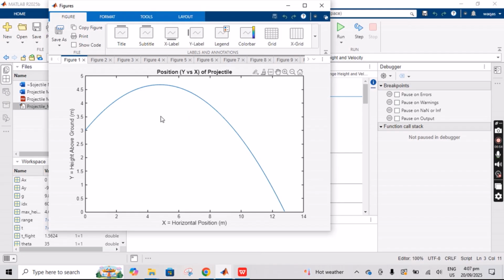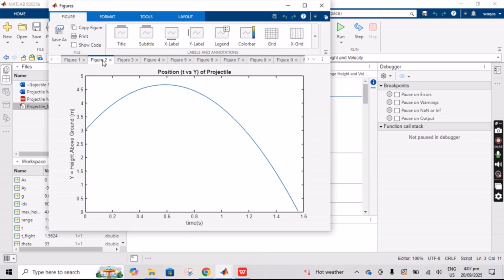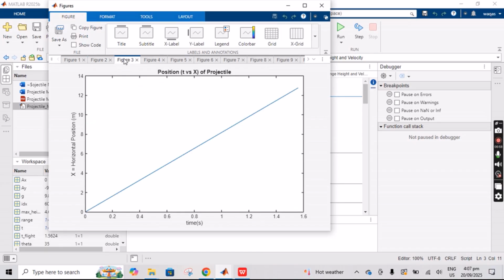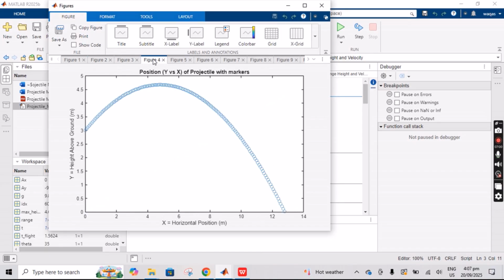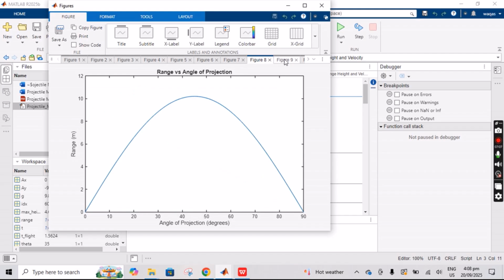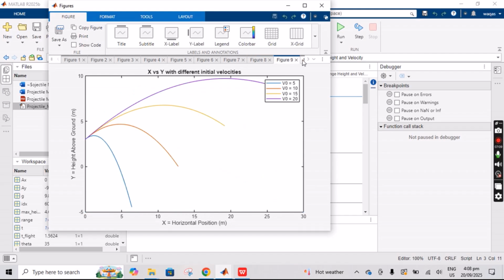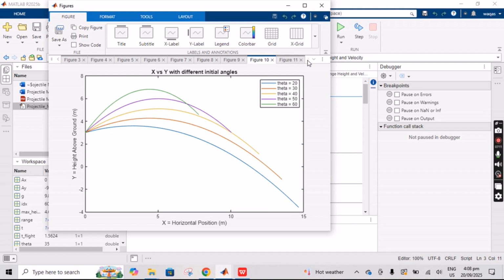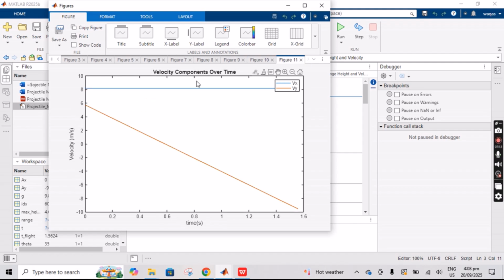Here is the position for the projectile motions according to different height versus air velocity and the different acceleration components. All the outputs are added here; we are getting the outputs which we added in the article.